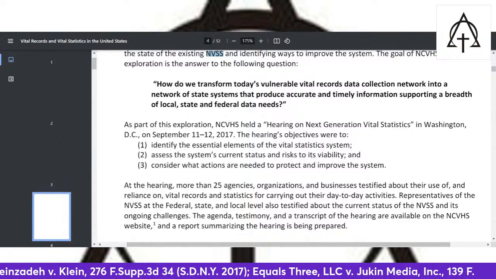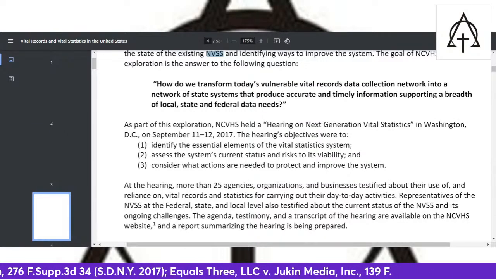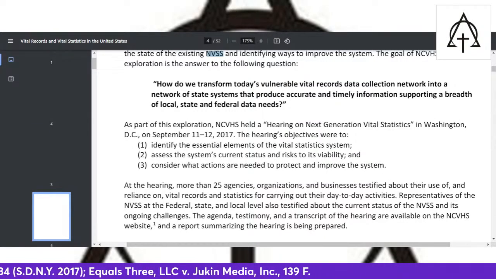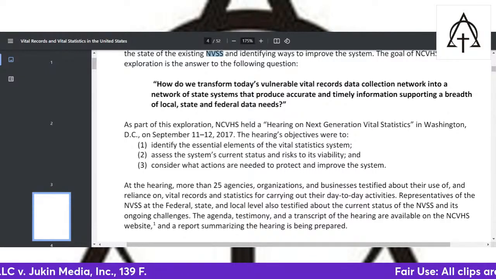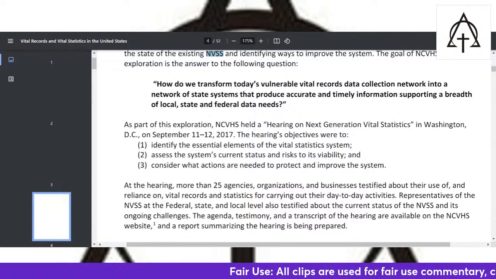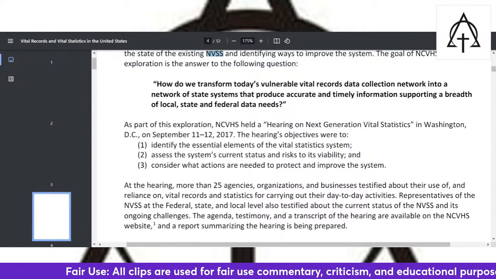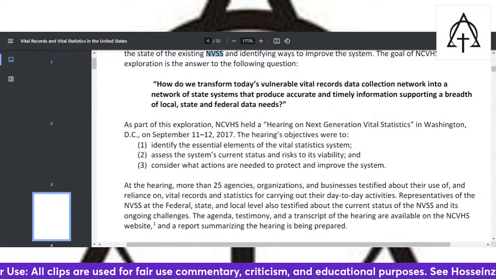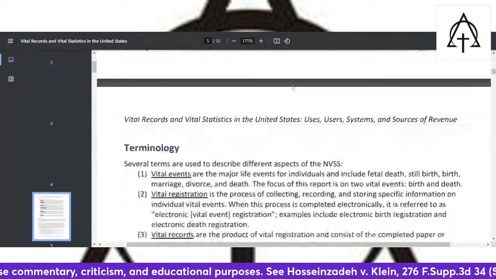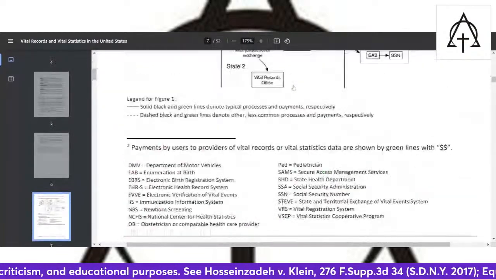How do we transform today's vulnerable vital records data collection network into a network of state systems that produce accurate and timely information supporting a breadth of local, state, and federal data needs? The breadth of local, state, and federal data needs is in that graph. The death certificate, we're going to go down and take a look at that.